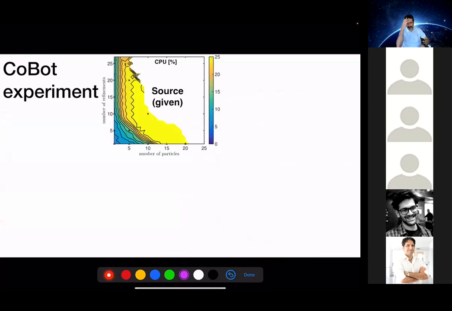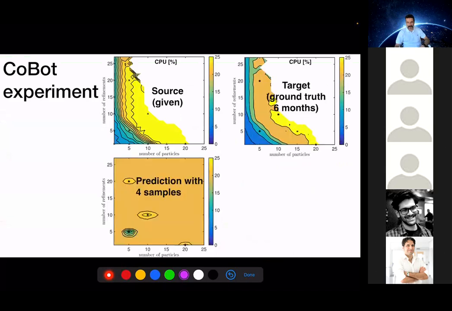Specifically for this transfer learning scenario, we compared against a non-transfer learning solution where we only use a few predictions, in this case 4 samples in the target environment. Our task was, so this was the ground truth data, and this was the target environment that took us 6 months to measure, right?